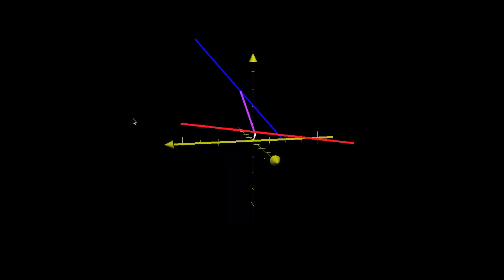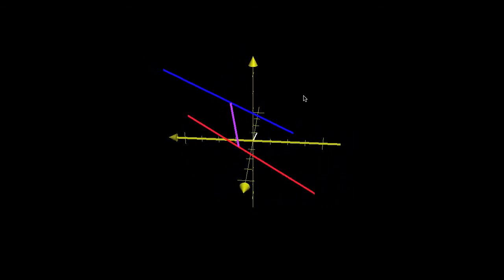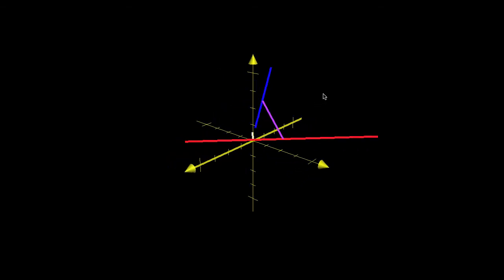Let's say I have a point on the blue line here and a point on the red line there, and I draw the line between the blue line and the red line. There's nothing special. This just has to be any one point on the blue line and one point on the red line. Now what I'm going to do is draw a vector which represents the direction of this vector.